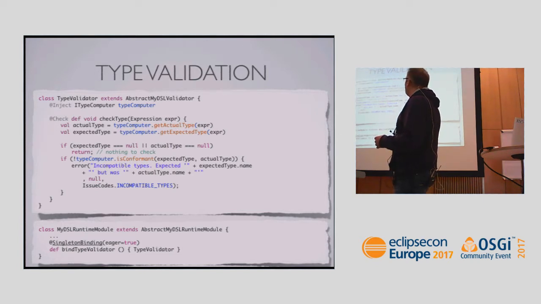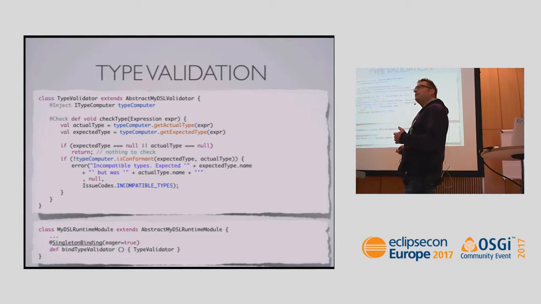Just a small hint. Of course, you could add this rule to your existing Java validator. I wanted just to show the way if you want to write an additional class just for type validation, then you have to do some magic. You have this class and you have to add an eager singleton binding to your runtime module.